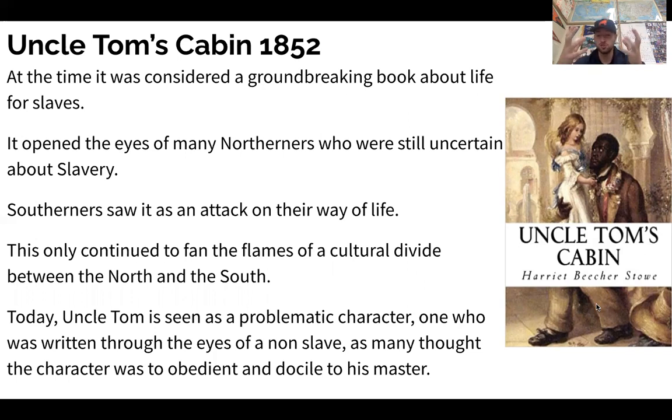That term would be used to describe them, like they are an Uncle Tom. It's a derogatory term. And it's used oftentimes because it's seen as, oh, you're just being subservient to the white masters and the overseers, and you're just being Uncle Tom. And that's where that term is used.